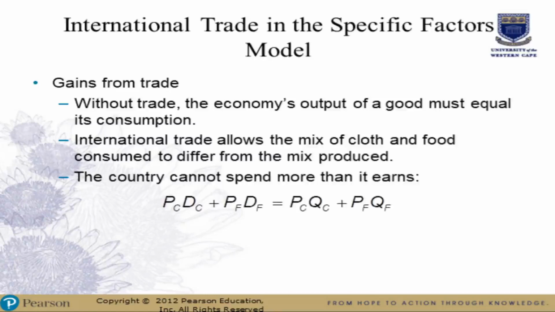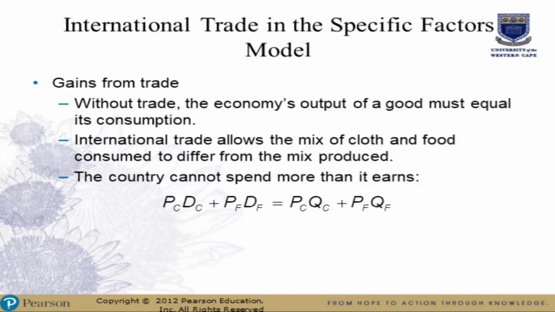The analysis of production and consumption shows that there exist aggregate gains from trade. Let us see how. Without trade, the economy's output of a good must be equal to its consumption. If we denote DC as consumption of cloth and DF as consumption of food, then in autarky, or a closed economy, production is equal to consumption for both cloth and food.